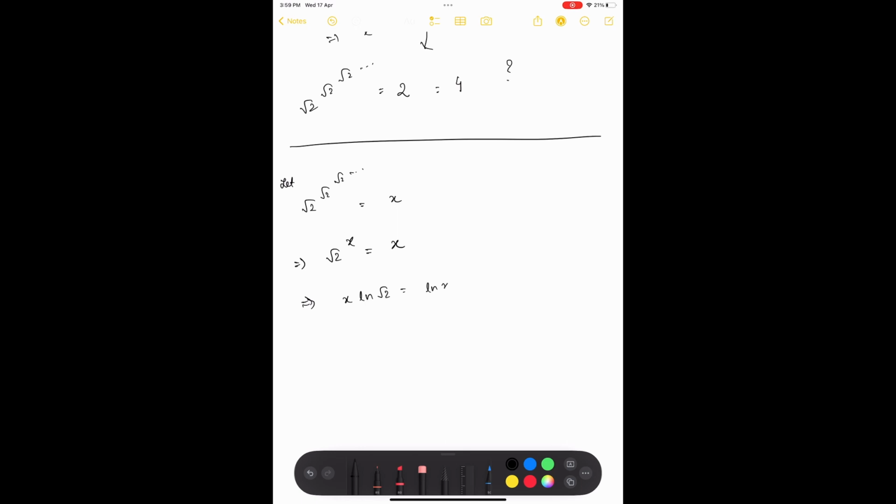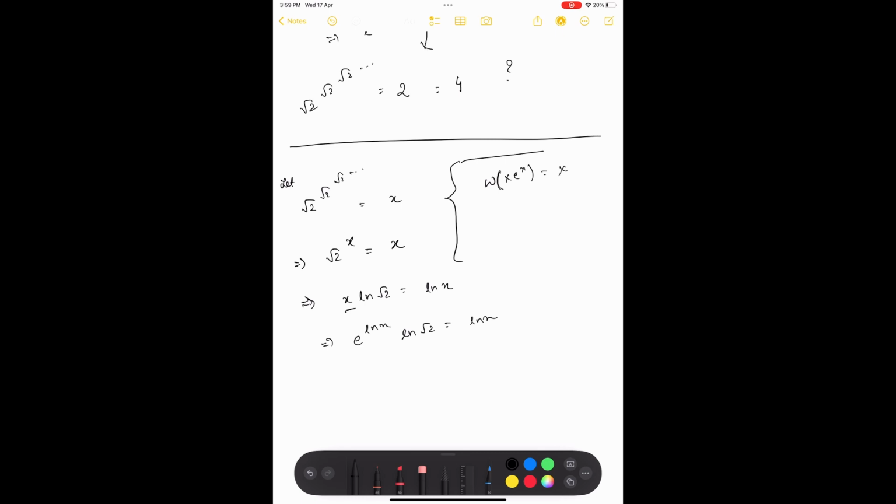Now we can write this x as e to the power ln x, so e to the power ln x times ln root 2 equals ln x. Now we have the Lambert W function: if we give it the input x e to the power x, it returns x.